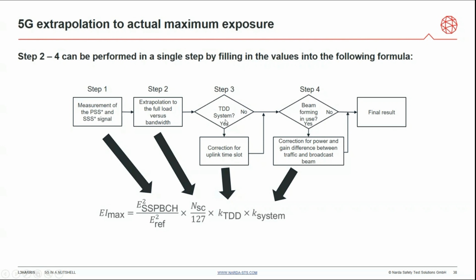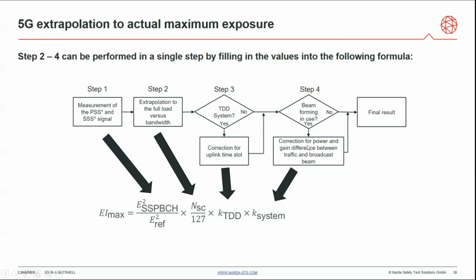Then a correction if it's a TDD system, so the ratio between the uplink and the downlink time slot. And then last but not least, the most complex and most critical point is the correction for power and gain difference between traffic and broadcast gain. And then you end up with the final result.